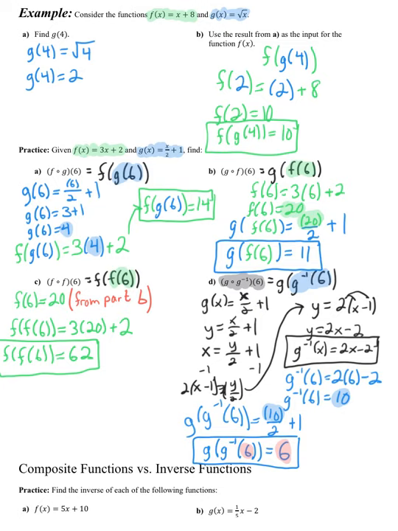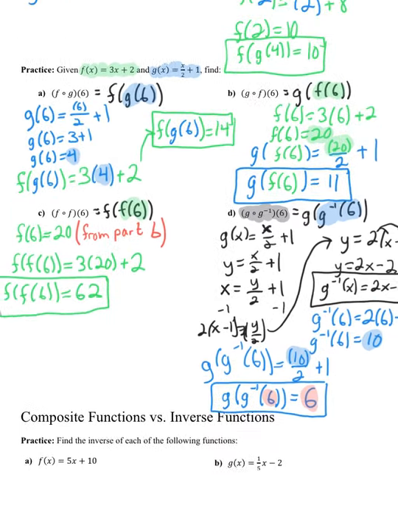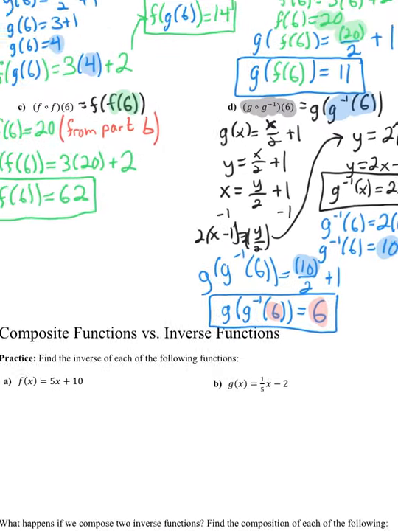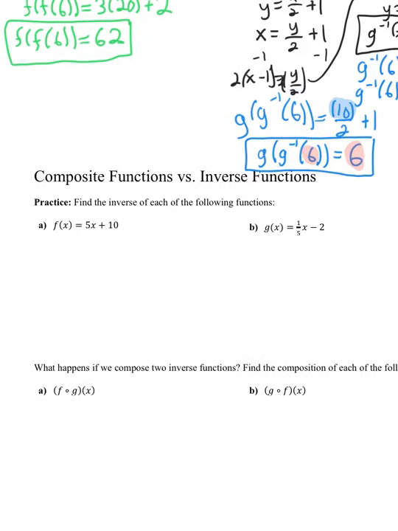Yesterday on worksheet 3, we did the last few problems, like problems 5 and 6. We did f of g of x and g of f of x, and we got equals x. That's the hint that those are inverse functions. That's how you can tell.